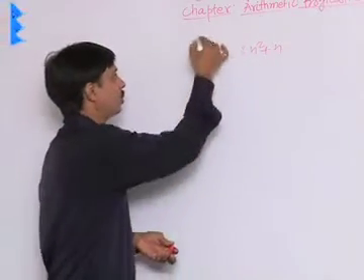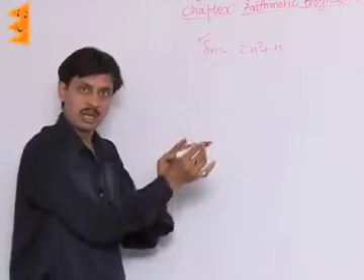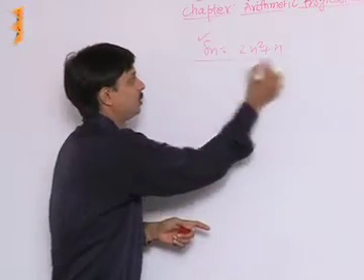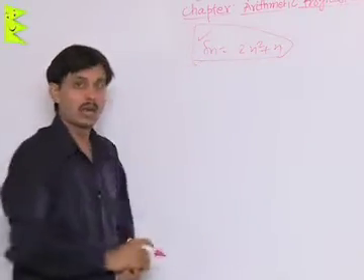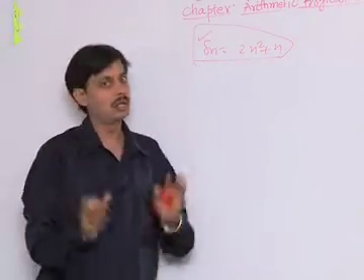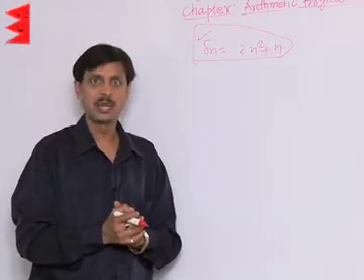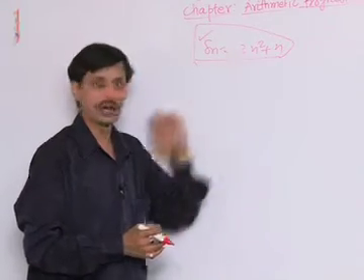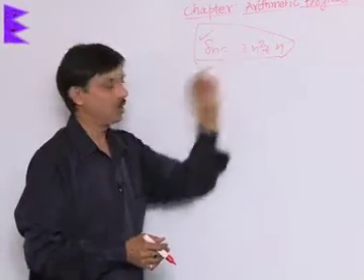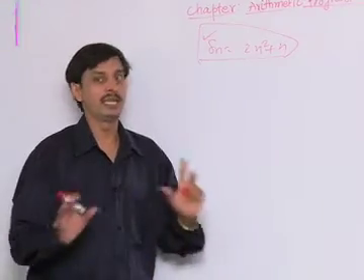And I ask you, is it possible to have Sn equal to 2n square plus n for any arithmetic progression? Your answer must be yes, it is, because it is quadratic, it has a linear term, but it does not have any constant term.